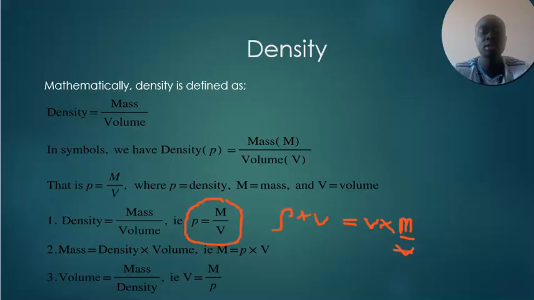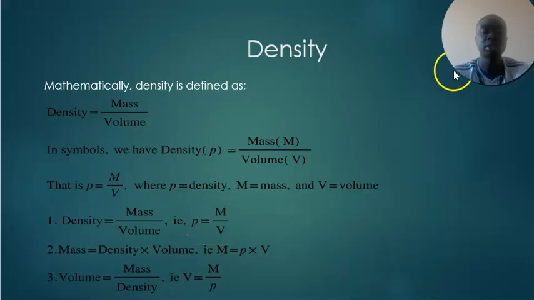Then our v will cancel our v. So we get our mass to be equal to our rho times our volume. So this is how we got our mass. It's just a simple change of subject and you are good to go.